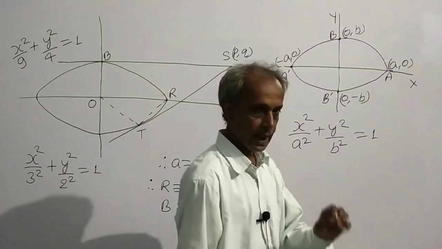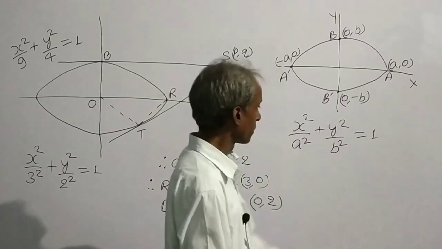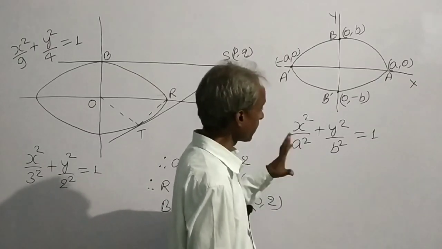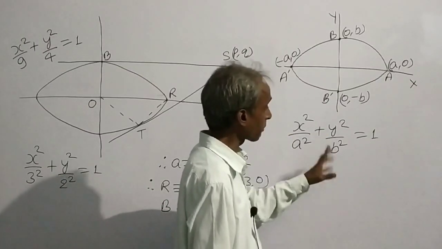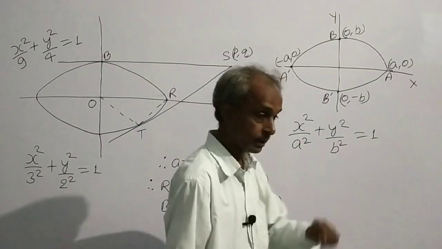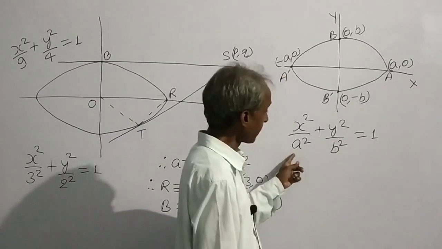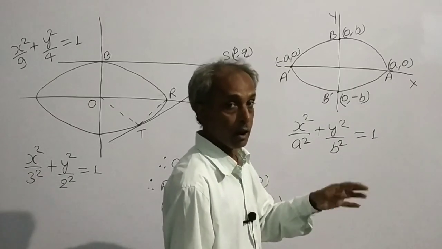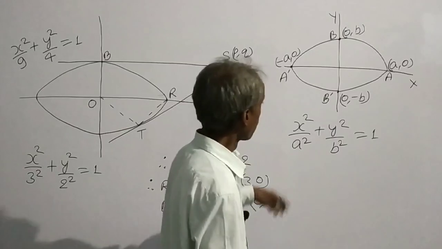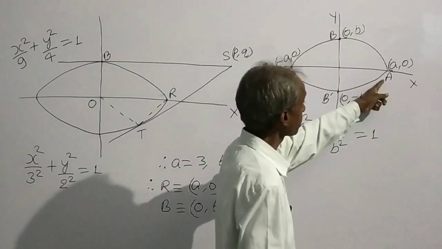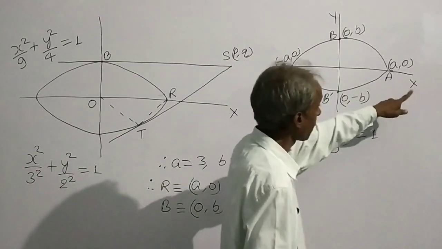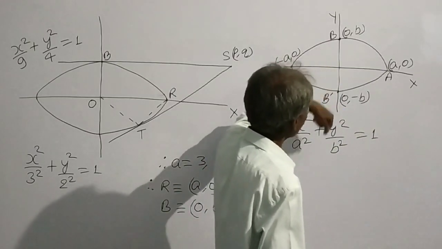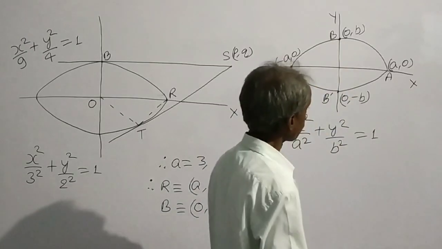In 11th class NCERT book, you read that x square by a square plus y square by b square is equal to 1, in which a is greater than b, is equation of an ellipse whose major axis A dash lies along x-axis and minor axis B dash lies along y-axis.